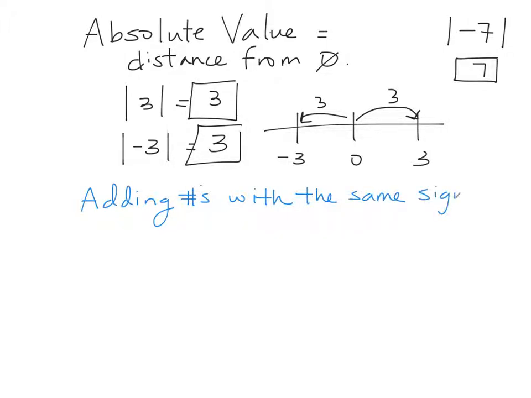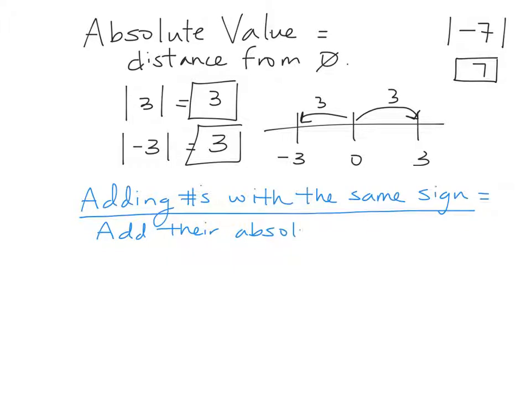What do I mean by that? I mean, if you are adding two numbers that are either both positive or both negative, okay? So if they have the same sign and you are adding them, here's what you do, okay? You are going to add their absolute value and keep the sign.